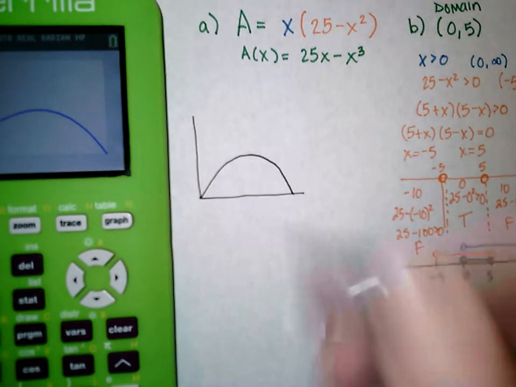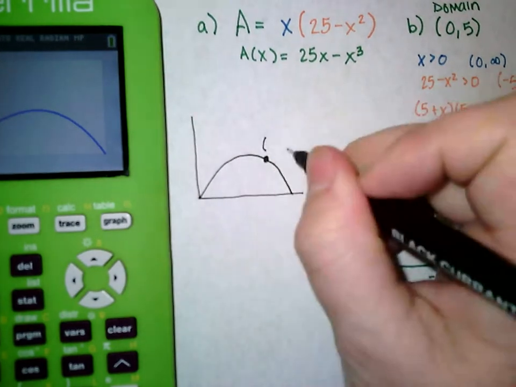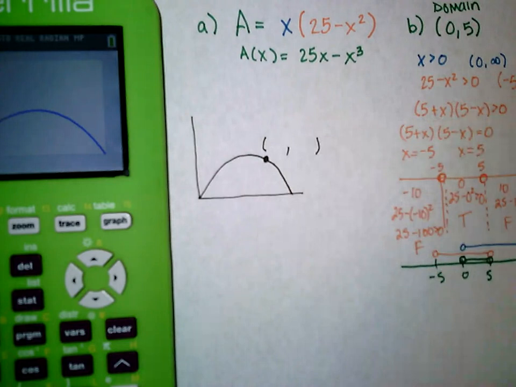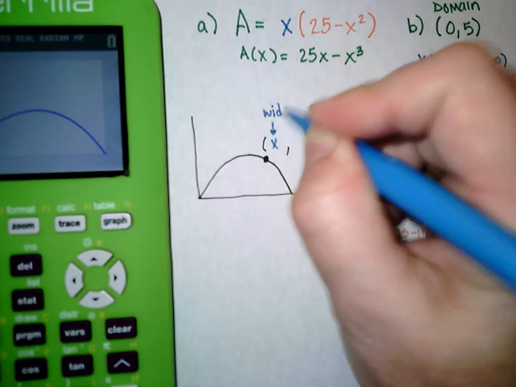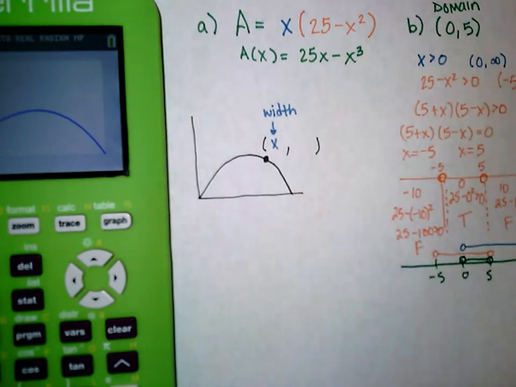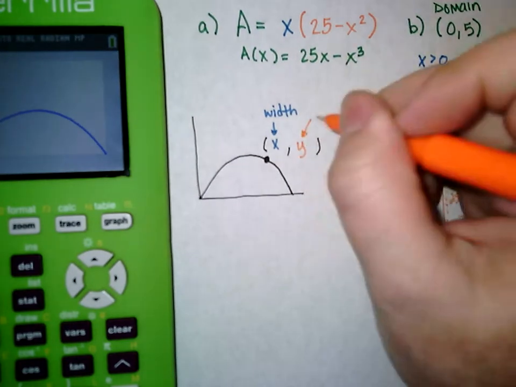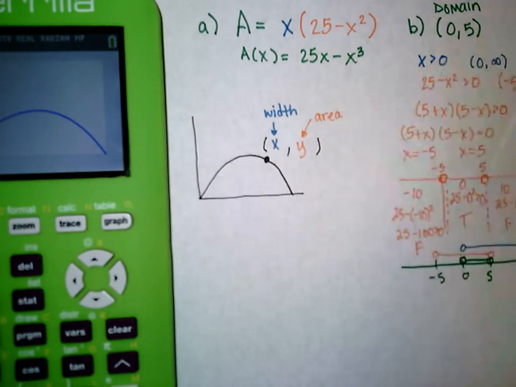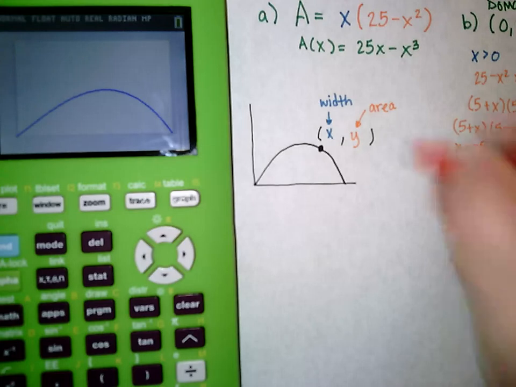So any ordered pair on here, every ordered pair has 2 coordinates. The first coordinate is the x coordinate, and it's the width. The second coordinate, which is the y coordinate, is going to be the area because that's what we graphed. So in order for me to find where the maximum area is going to be, I need to find the highest y value.